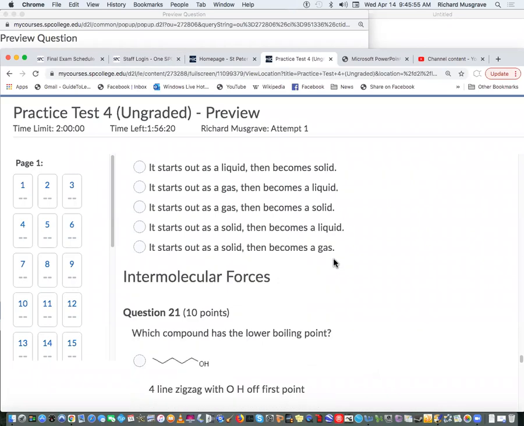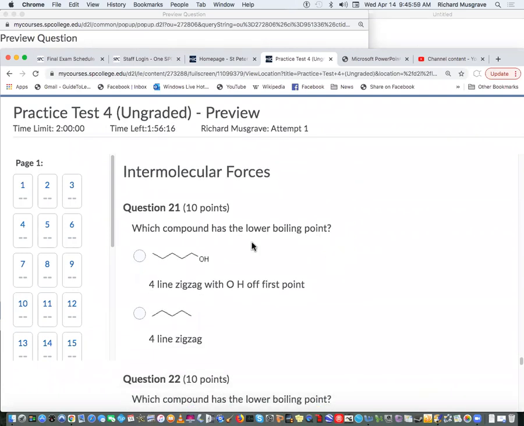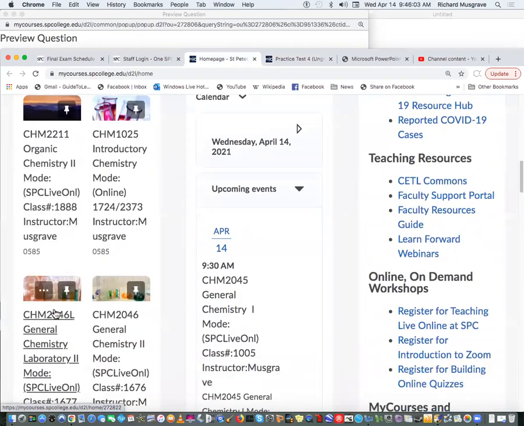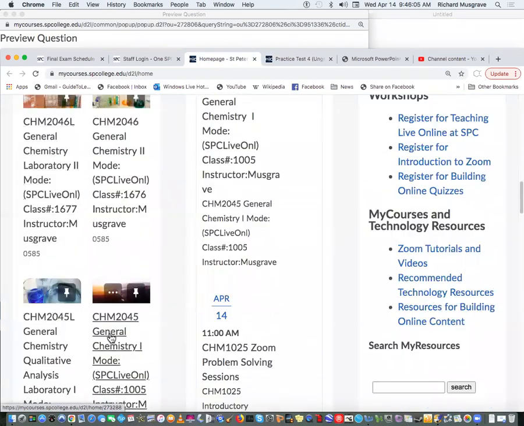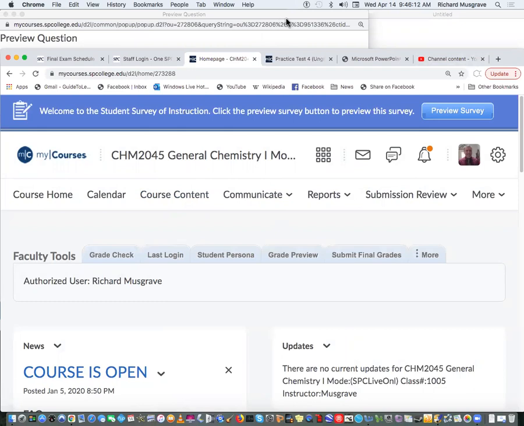All right. We're going to now look at intermolecular forces, and for this, I'm going to pull up a video here. Change the share as well.